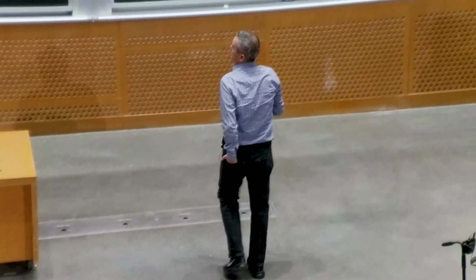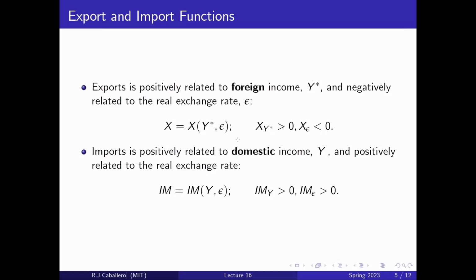What about imports? Well, imports are sort of the dual of that, meaning our imports are what the other countries see as their exports, okay? So our imports will tend to go up when domestic output goes up, because if domestic income goes up, domestic consumers, say, will both consume more goods at home, but they will also consume more goods abroad.